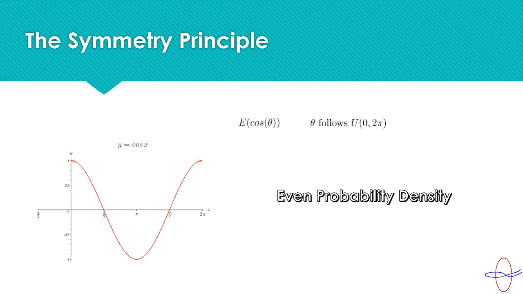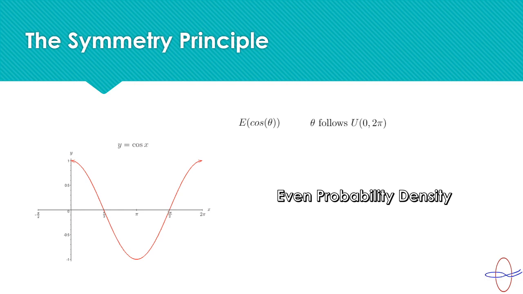If a random variable is symmetric and has an even probability density, you can prove that the expectation is 0, because under the integration sign it will essentially be an odd function. Therefore the integration will be 0. That's a really interesting idea.